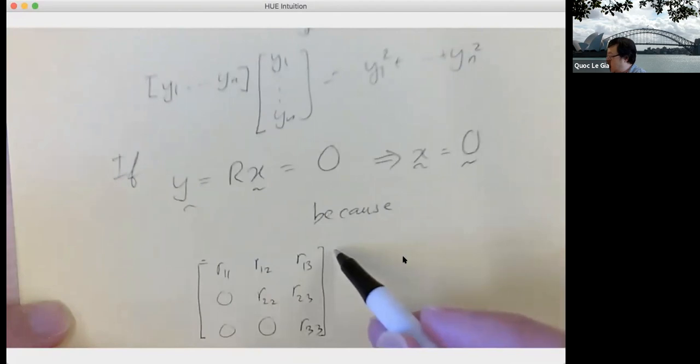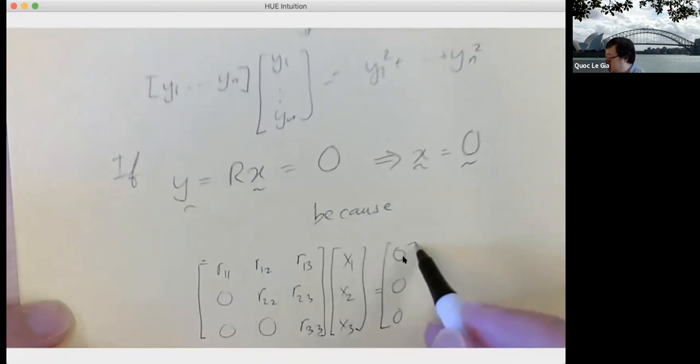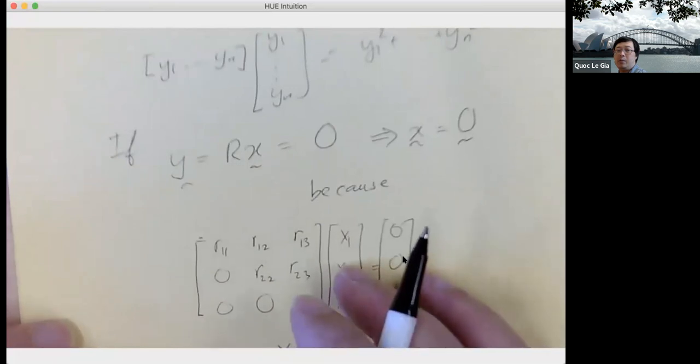Now suppose you have a vector x1, x2, x3 with Rx equals 0, where 0 means the zero vector. Then the vector x has to be 0 because you use back substitution.